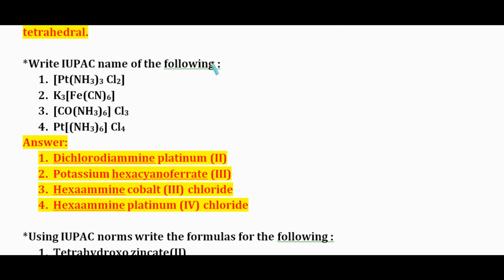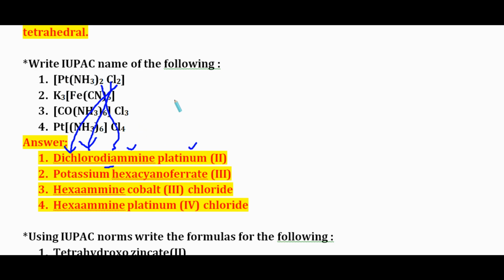Write the IUPAC name of the following. Now this is di, 2 means di, Cl is chloro, 3 is tri, and amine. I have corrected it, it is 2, so it is diamine.